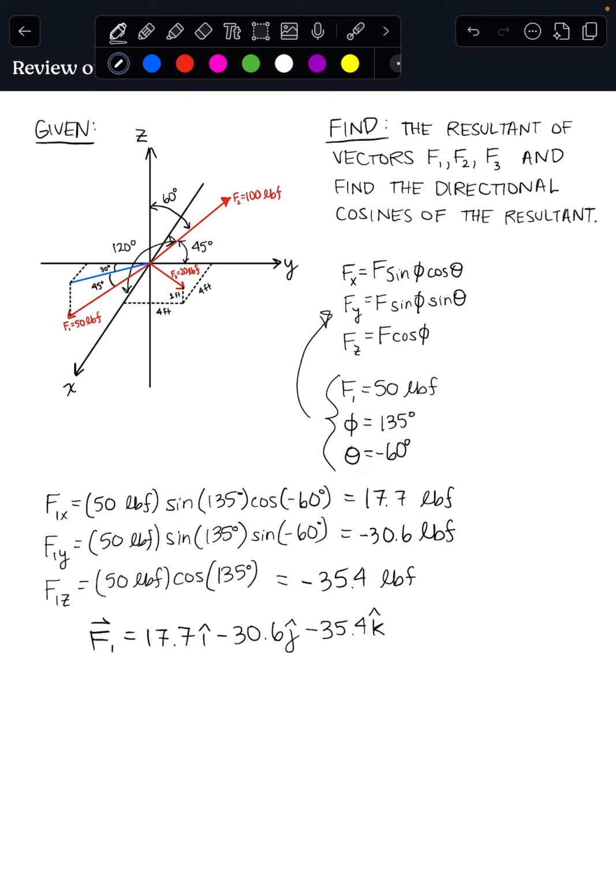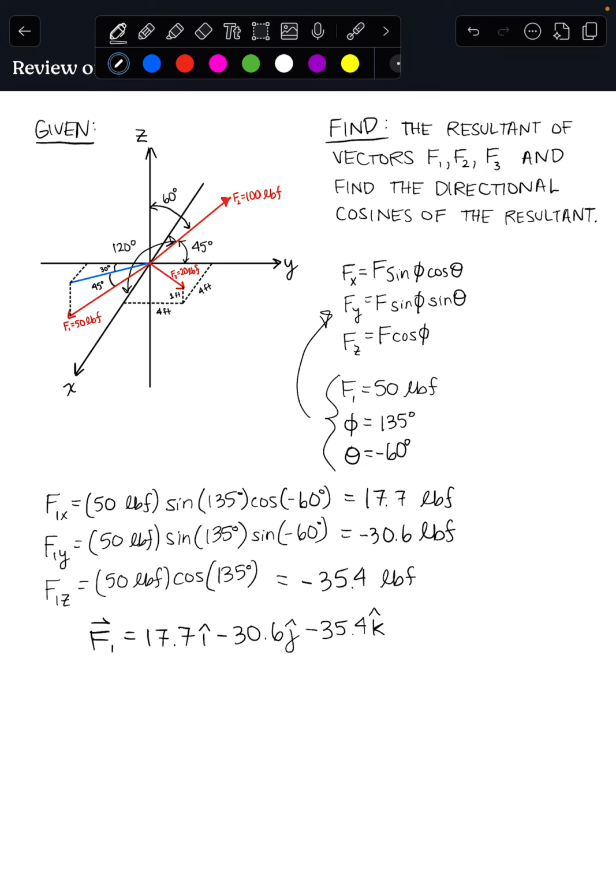So remember, for F2, we're given these angles. These are our cosine direction angles. And again, you'll be given these equations in your equation sheet, so the only thing you need to know is how to apply them.